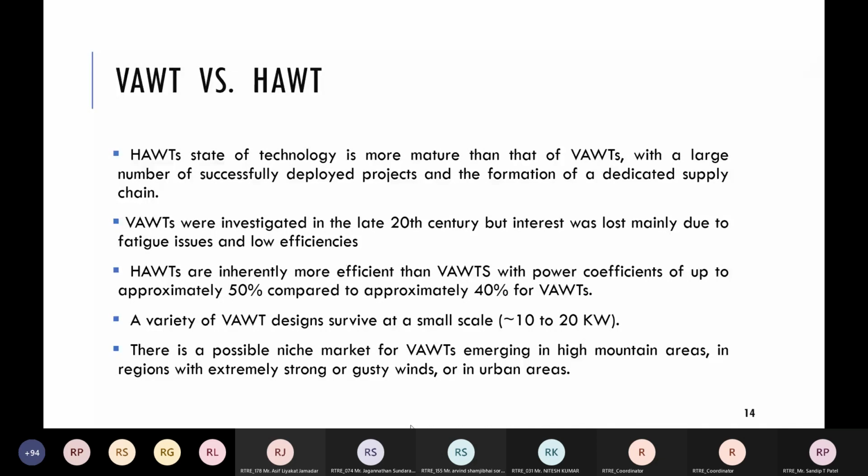If we see the history, wind turbines were used many years back, thousands of years. The first electricity generating wind turbine was installed 140 years back, and what we are talking about right now is just 50 years back, when commercialization of wind turbines started.